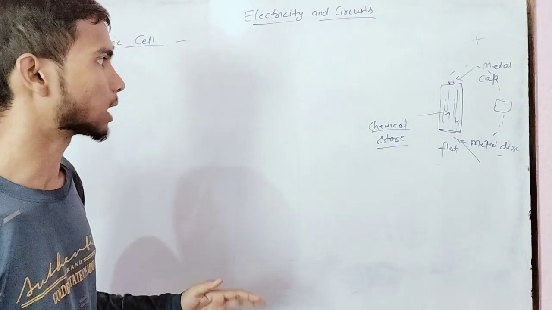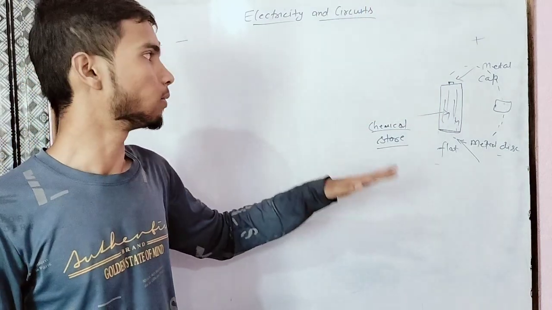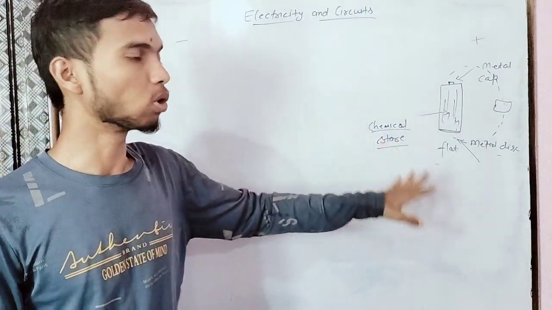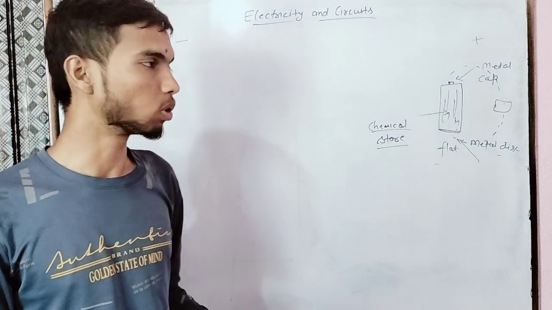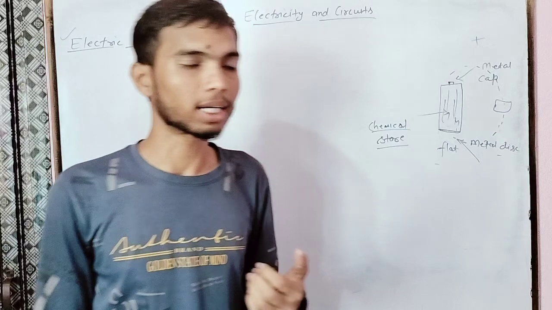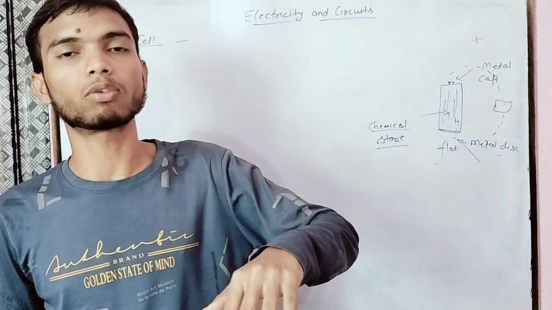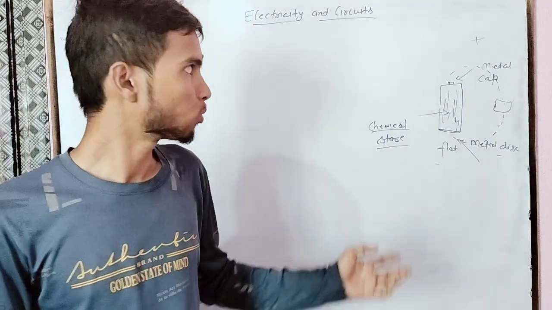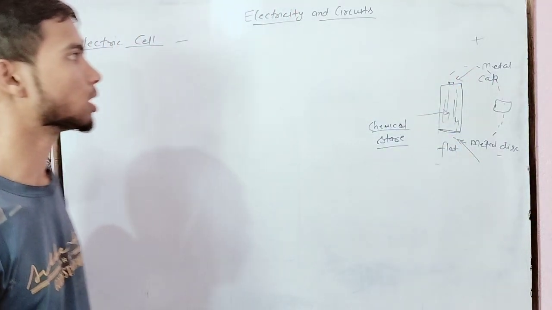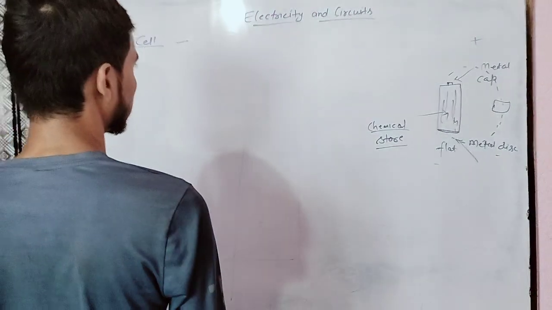The electric cell works properly because of chemical storage, and the work of the electric cell is to provide electricity from chemical storage. This is the process that produces electricity.